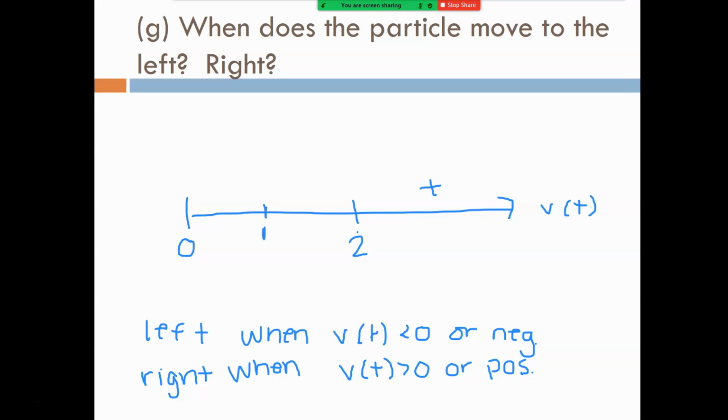Here's your A, here's your B. The velocity is negative, negative, then positive. So it's moving left from negative infinity to B, and then right, B to infinity. But at A it's not moving left or right, it's stopped.